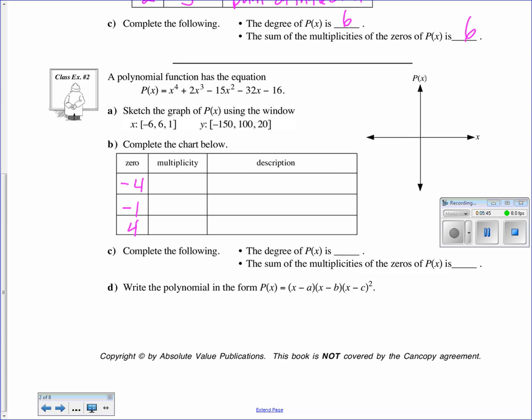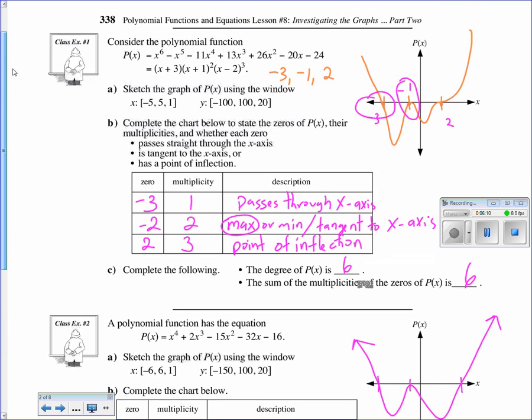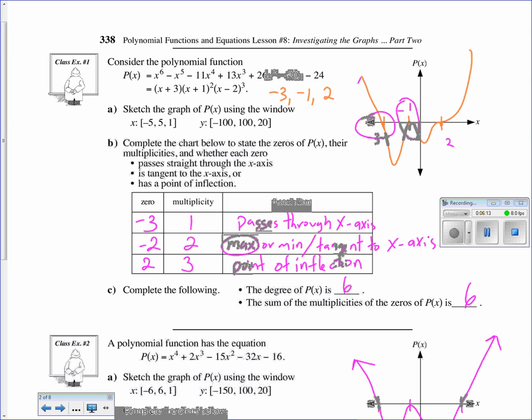And my calculator can help me out with that. The sketch of the graph, -4, -1, and 4. I come down through, touch, go down, and come back. So try to get in the habit of putting those arrows on your graph. If memory serves me correct, I need to add that on my graph here. So that graph should go on for infinity.